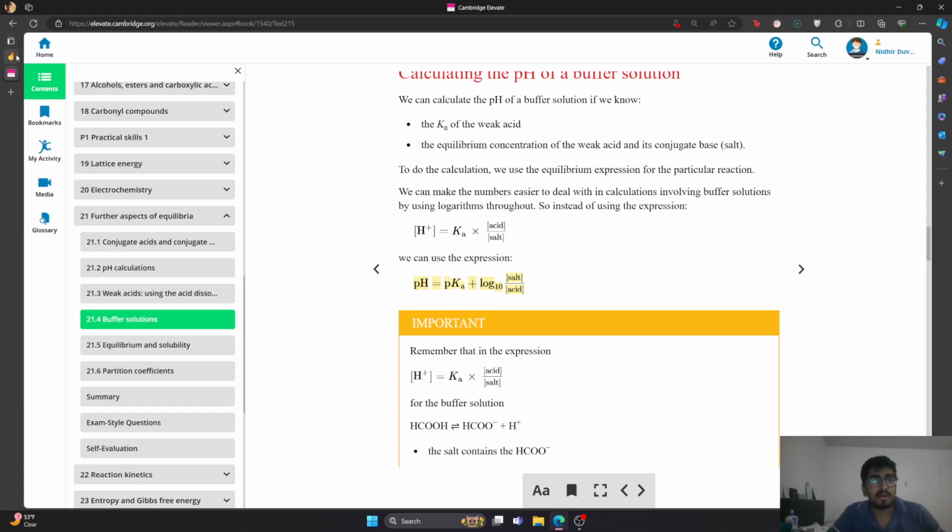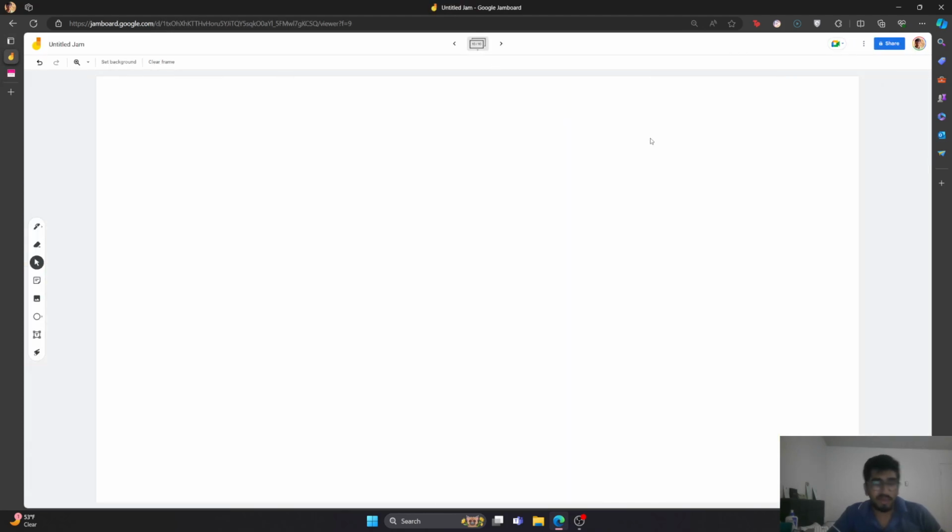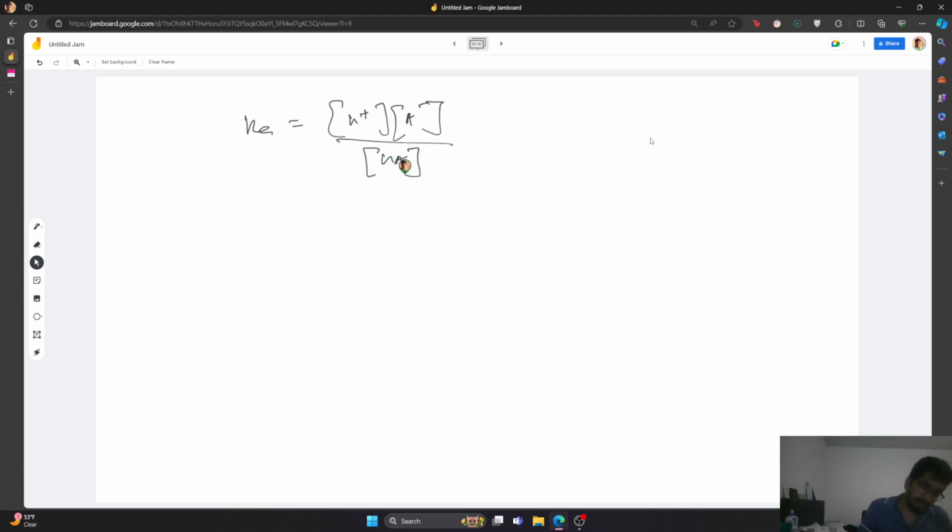Okay. So there is this buffer-related relation again. We just saw that Ka is H plus times A minus by HA. So we can take minus log of H here and minus log of Ka here, which we call pKa, minus log base 10 again.